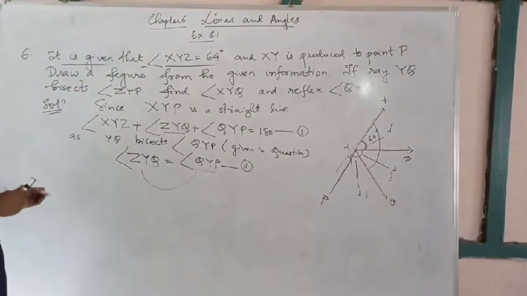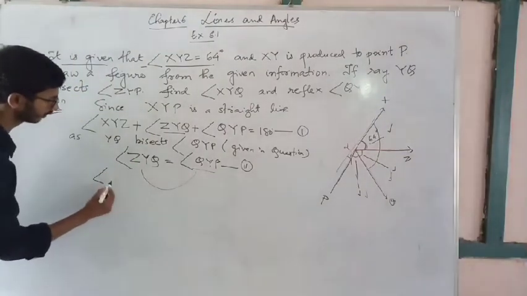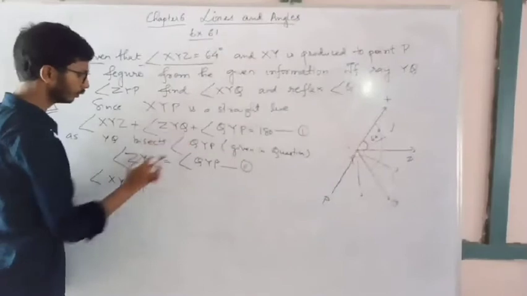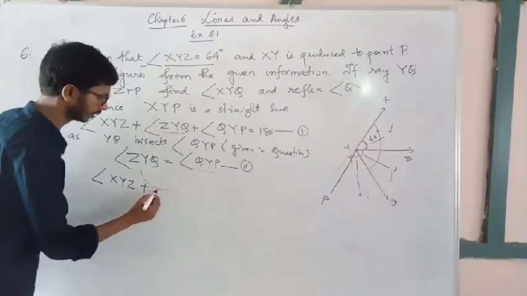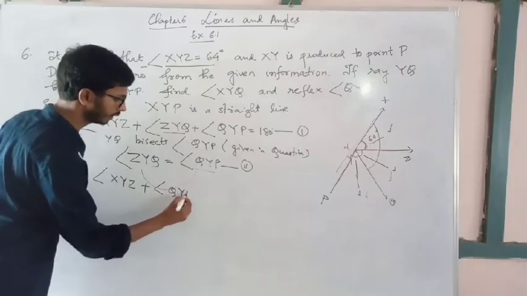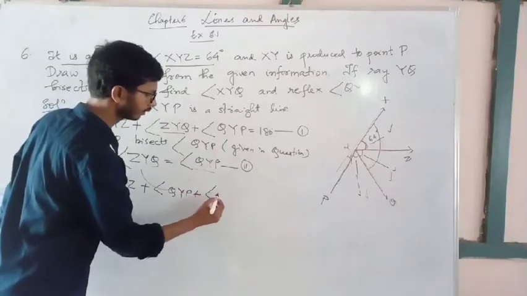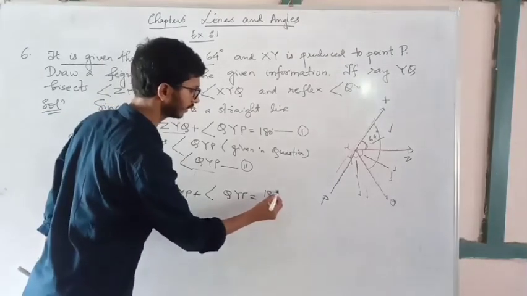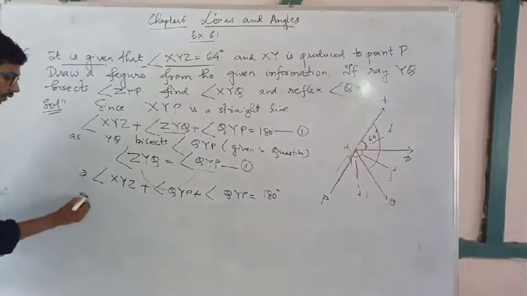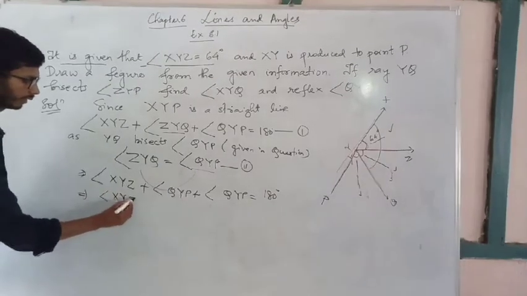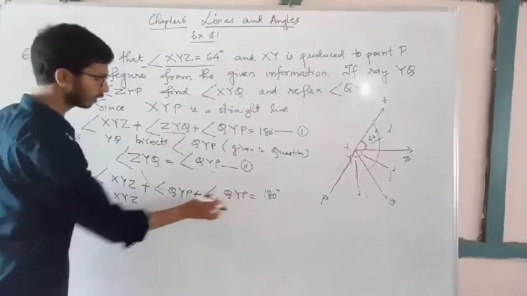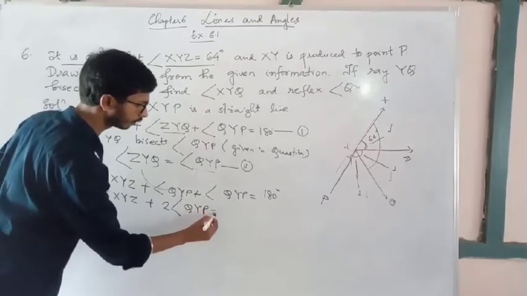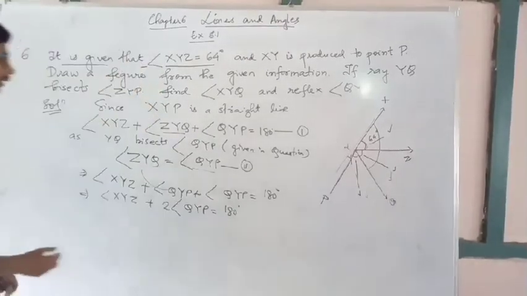So let us write: XYZ plus QYP plus same thing, angle QYP is equal to 180 degree. Let us solve it. So QYP plus QYP will give you 2 times of angle QYP is equal to 180 degree.